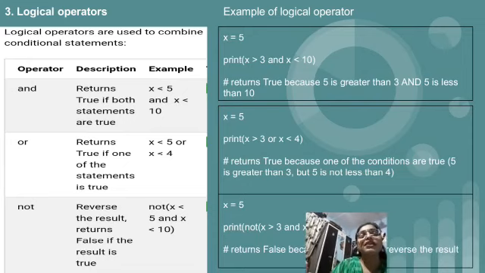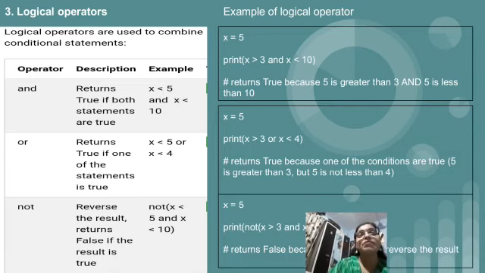After that, we have taken x equal to 5. Print not (x greater than 3 and x less than 10). I don't know the exact example behind this, but suppose we are considering that we don't want the conditions x greater than 3 and x less than 10 to both be true.